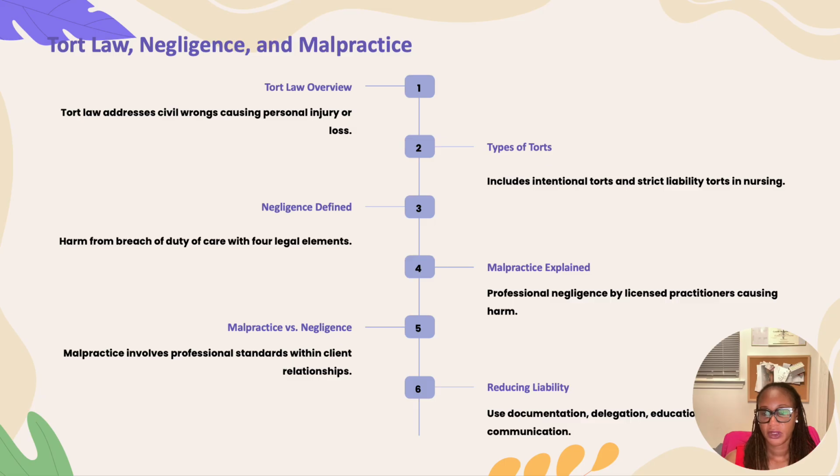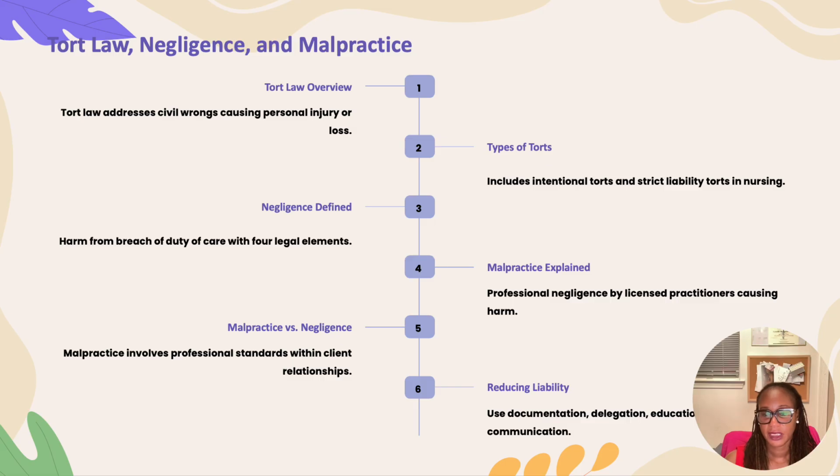As I mentioned, tort law is a branch of civil law that deals with wrong or injury caused by one person to another. Its purpose is to provide relief to the injured party. There are three types of tort law: intentional, willful acts that violate another's rights, for example assault, battery, false imprisonment.